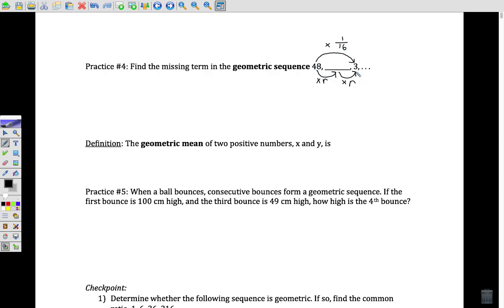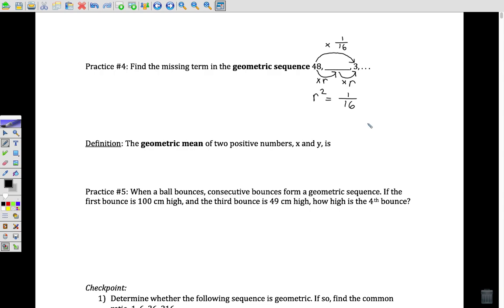Notice how 3 got smaller. It's only a fraction of 48, so my r in this case is going to be a fraction. So 48 times r gives me 3. That's going to be the same thing as multiplying by 1/16. That means r squared is 1/16.